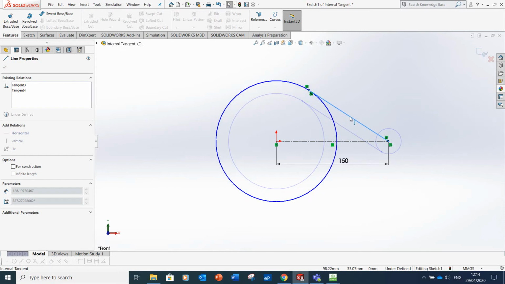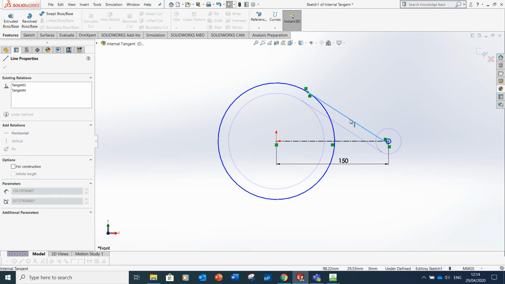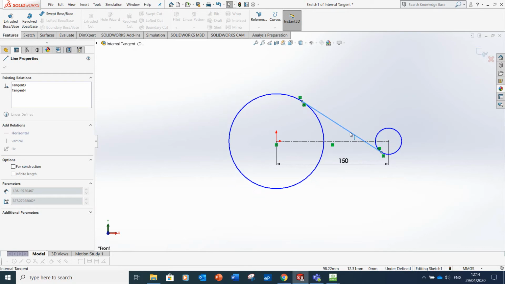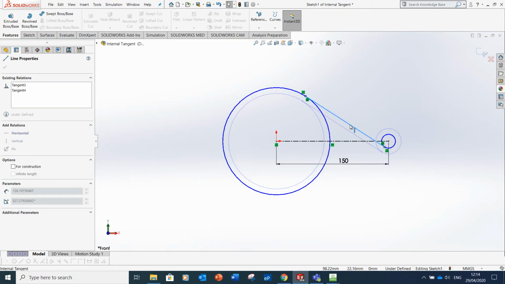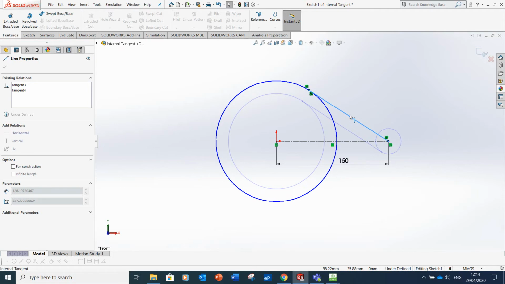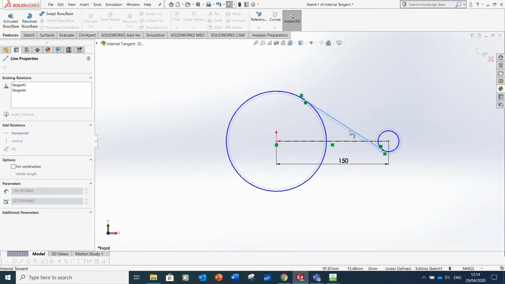You will see that the larger circle has actually enlarged this time instead of reducing in size. So we've our two circles, we reduce the smaller one to a point, the larger circle gets bigger. It gets bigger by the radius of the smaller circle.